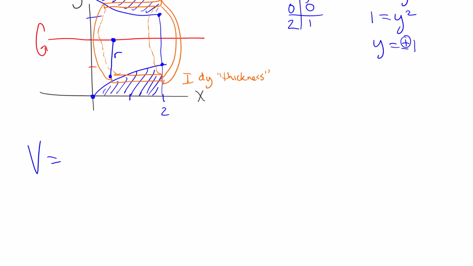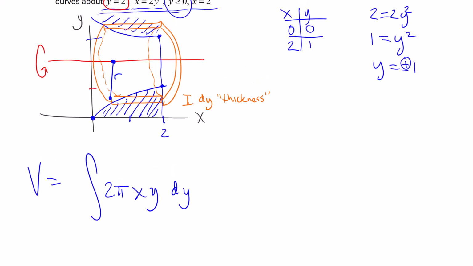So let's see if we can start putting this together for a total volume. Remember, we can start with the basic definite integral, which is 2 pi xy times thickness. We said the thickness is a dy, so we'll put that in place. Now, as we put the detail of this together, let's keep in mind that the average radii of any of these shells would be equal to the center, which is vertically at 2. That was our axis of rotation, the y equals 2.